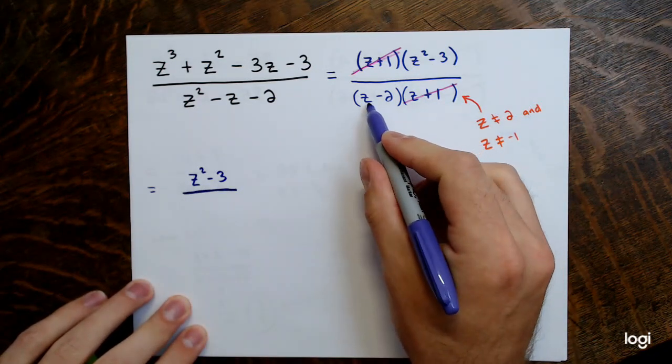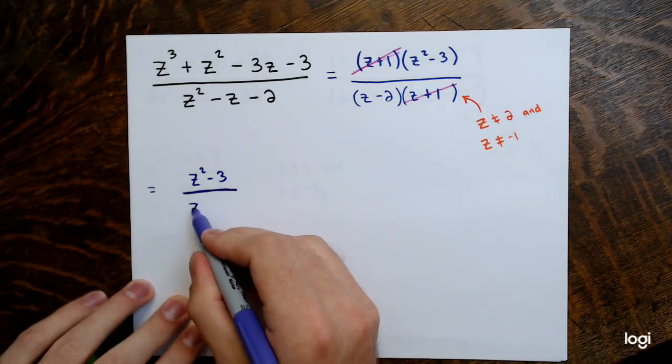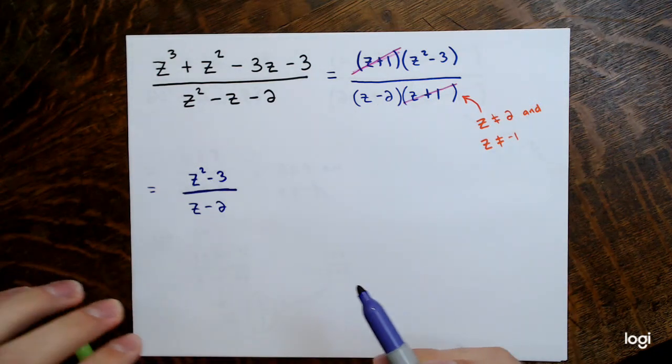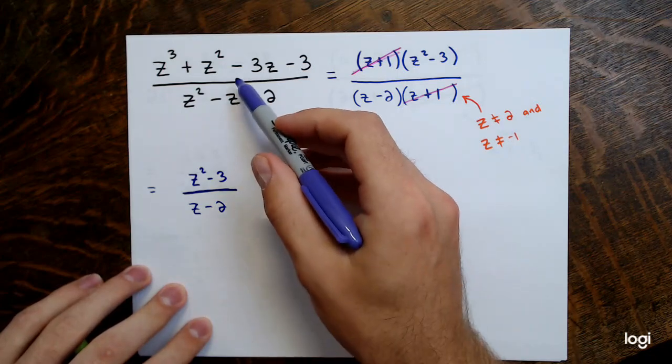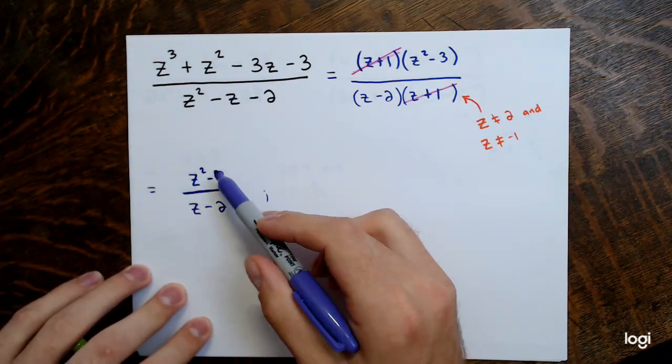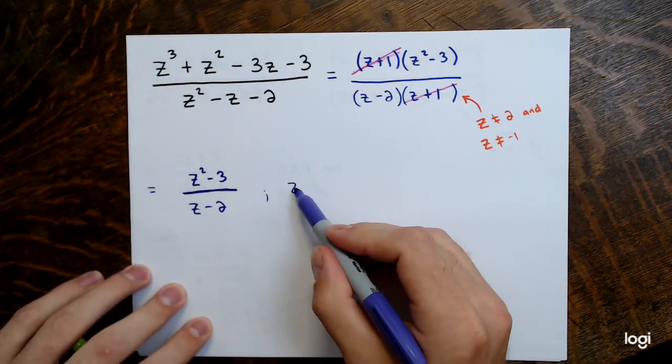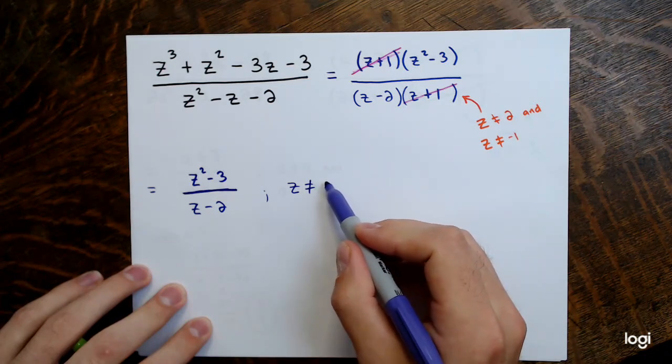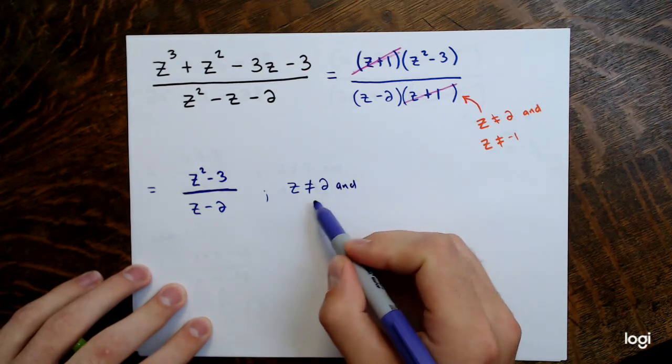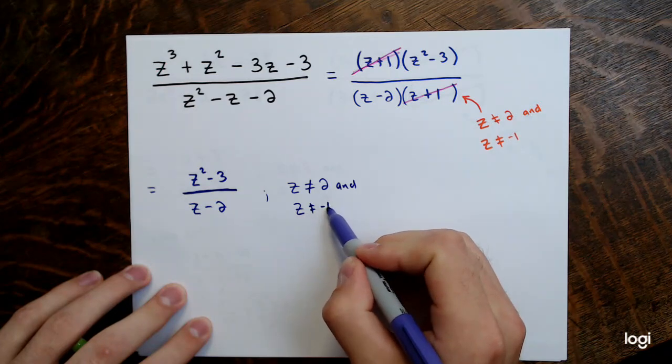Divided by, and the only factor left in the denominator is z minus 2. And this fraction is equal to the original fraction as long as z is not 2, and as long as z is not negative 1 either.